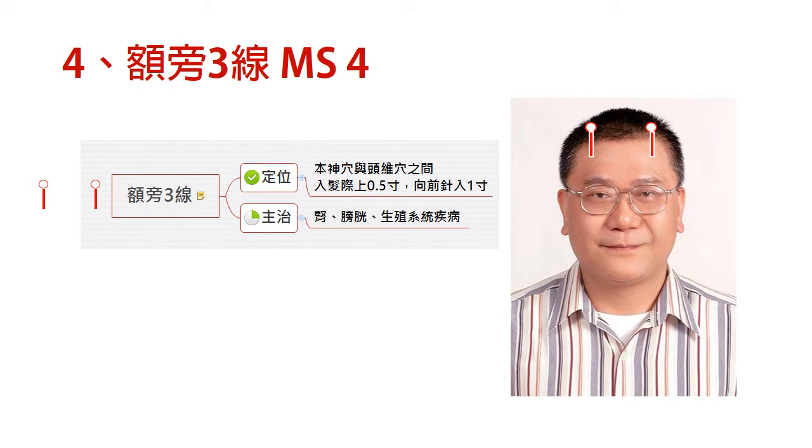We are talking about MS4. Lateral line 3 of the forehead, we call MS4. Location on the forehead, one cun long straight from the point 0.75 cun medial to stomach 8 straight down.